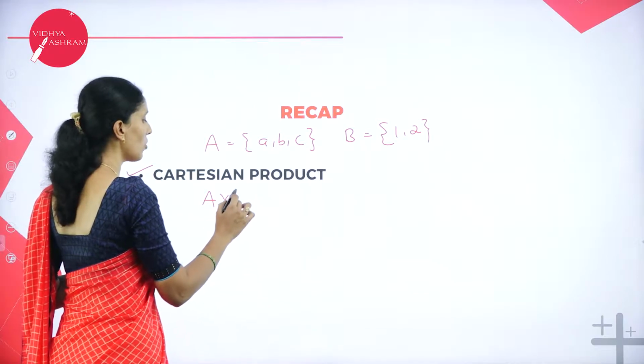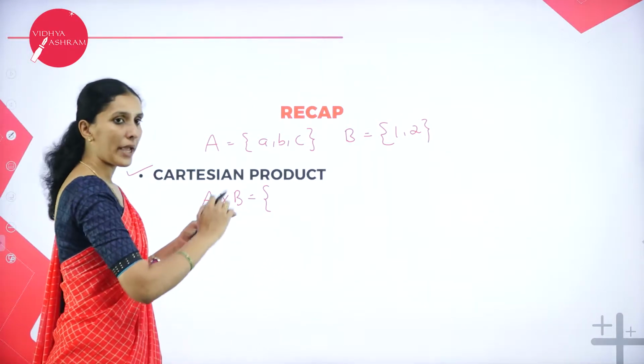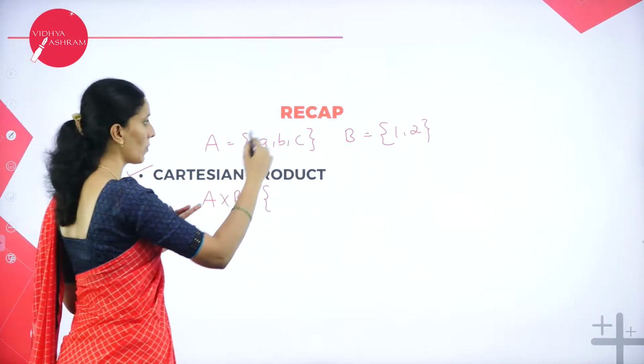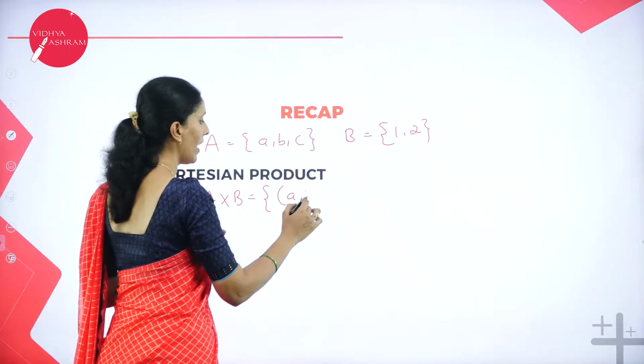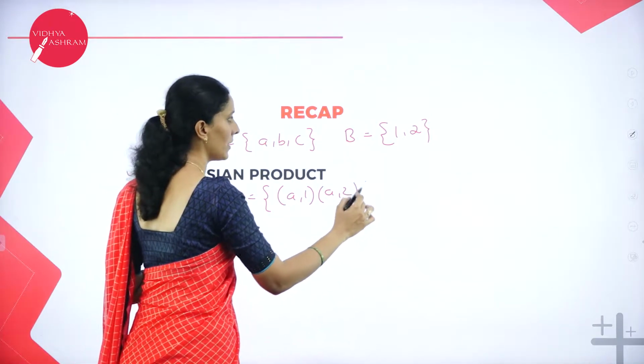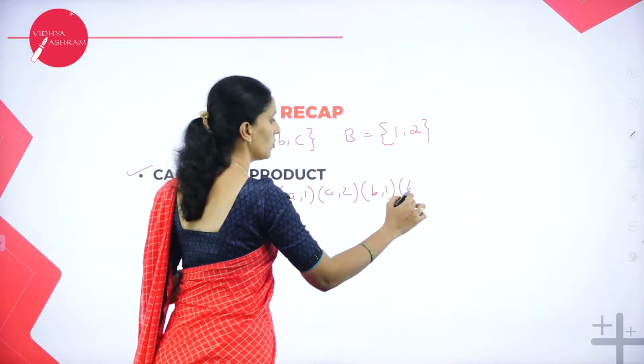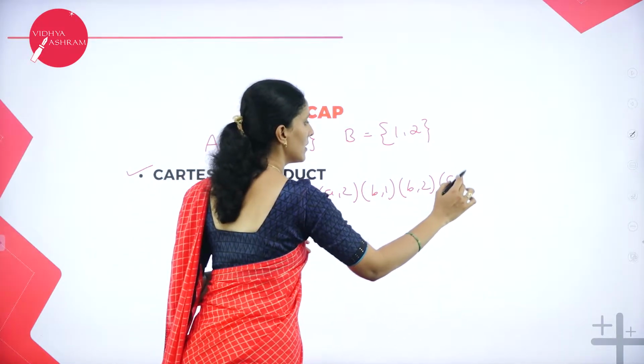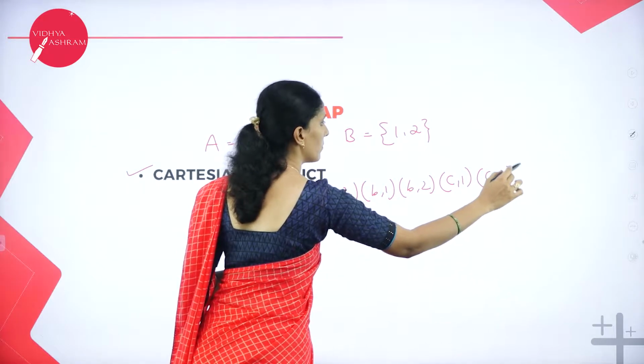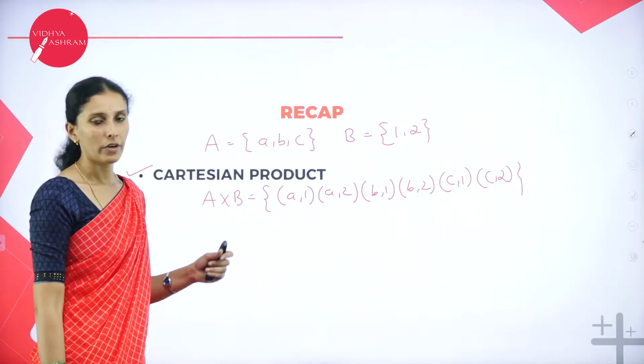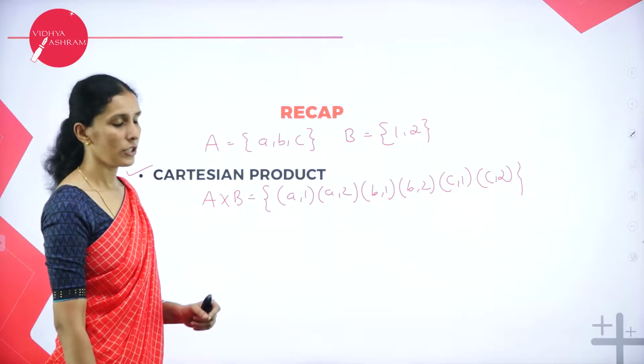That is in terms of ordered pairs, pairing the elements of the two sets. So (a, 1), (a, 2), (b, 1), (b, 2), (c, 1), (c, 2). This is how you write the elements in a Cartesian product.